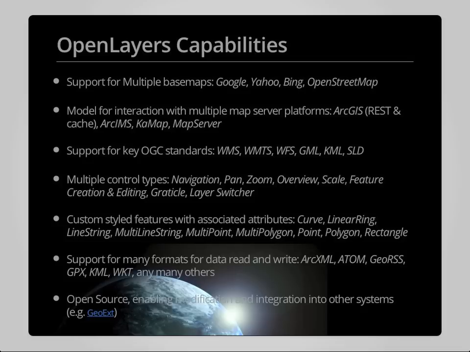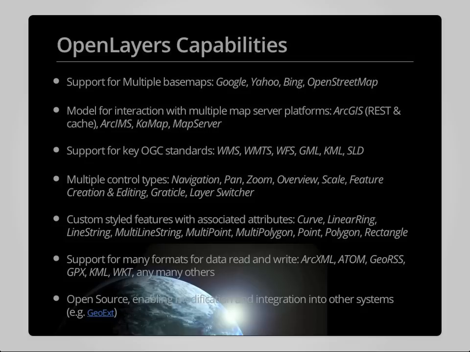Some of the types of features that can be created include curves, which are essentially open lines, linear rings, which you could think of as polygons, those are closed regions, line strings, which are also linear features consisting of a number of points that are connected to each other but do not close.